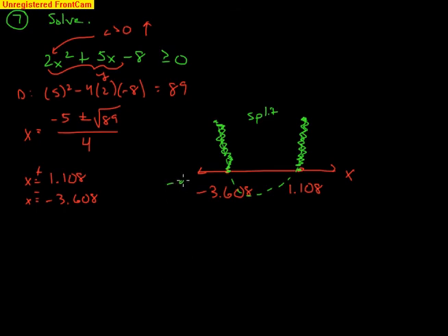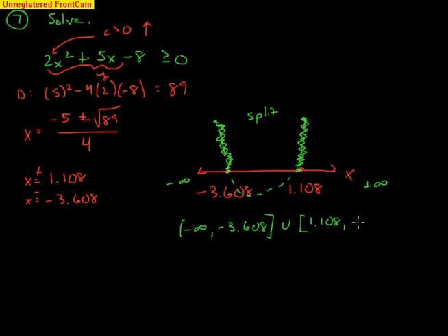So remember, this is negative infinity, this is positive infinity. So we start with negative infinity and we go to our first number, -3.608. And because we are a solid dot, we're equal to it, we use that bracket. Then we're going to unite both parts. Notice we have to skip the middle. We're going to pick back up at our next value, 1.108.